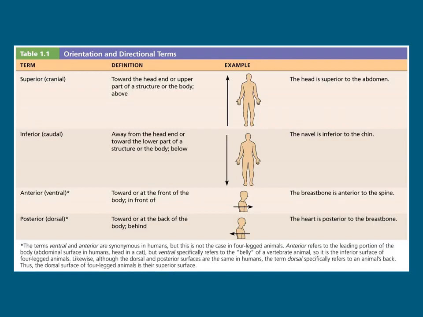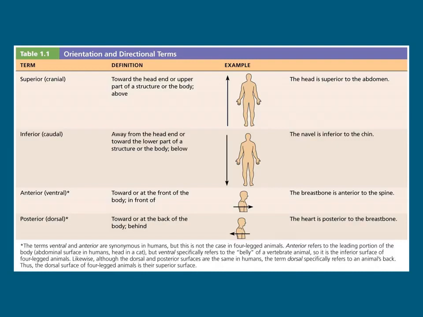So keep that in mind. These directional terms are usually in pairs. And you'll notice that sometimes in lecture there's obviously correlations to things that you will be learning in lab at the same time. So these directional terms, once again, body's in anatomical position. And like I said, they're pairs.